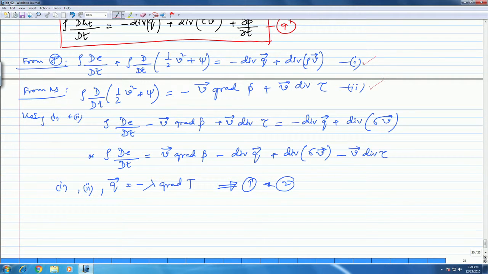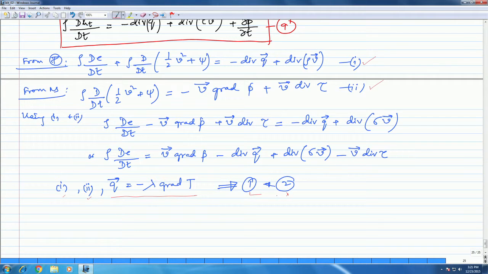Using 1, 2 and this expression, if we solve this, we should be able to get 1 and 2, which is the 2D steady state energy equation.